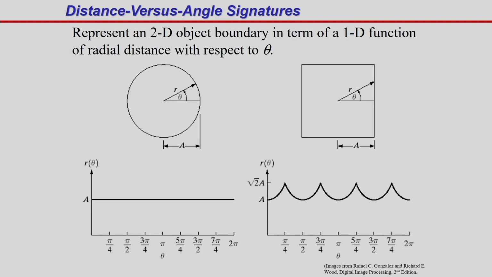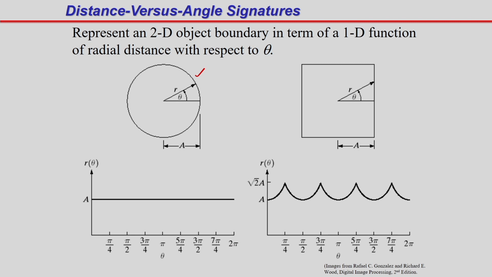Another one is the distance versus angle signature. How to represent a 2D boundary in terms of a 1D function? The 1D function is the radial distance with respect to theta. Corresponding to the first boundary, the circle, I am considering the radial distance and the angle theta.